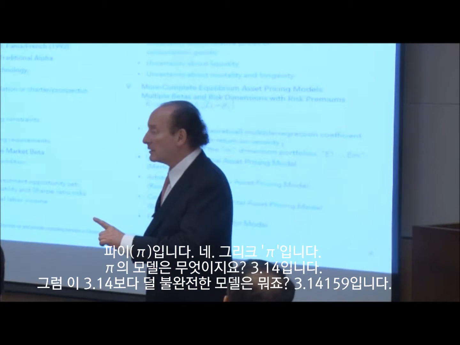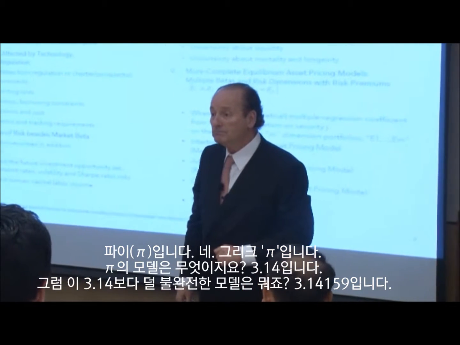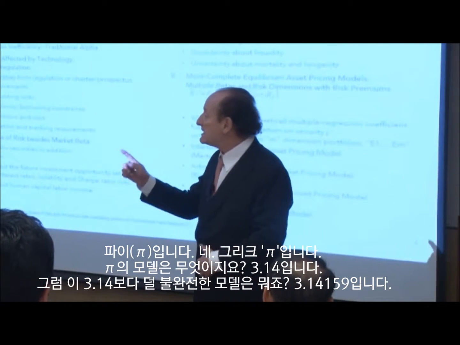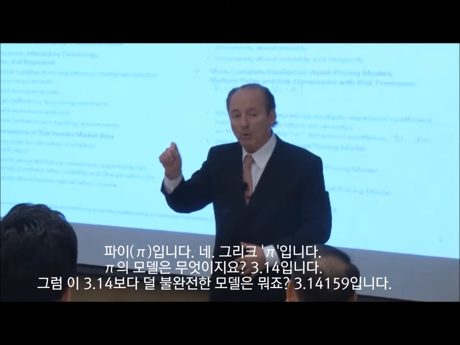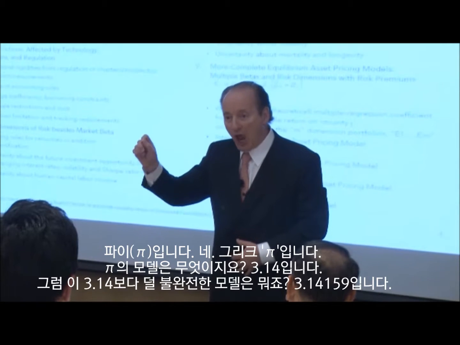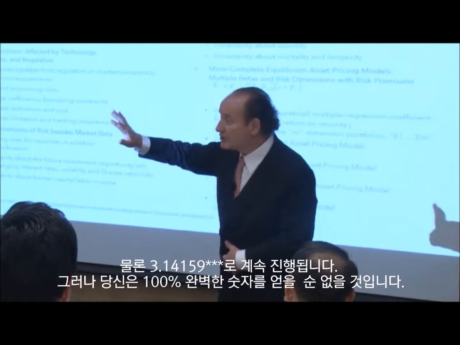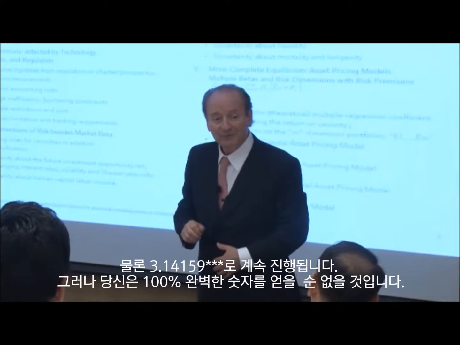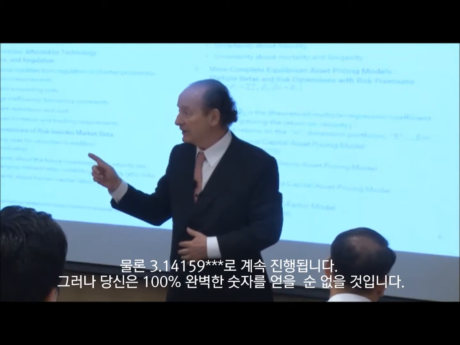What is a model of pi? 3.14. What's a less incomplete model of pi? 3.14159. Still incomplete because, as you know, pi goes on forever. You never get the whole story. But it's less incomplete.